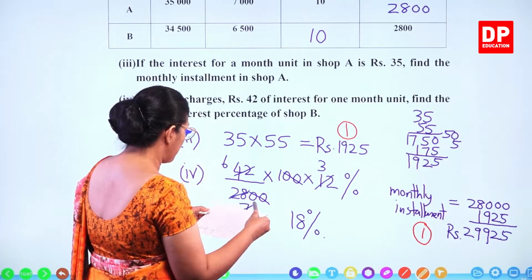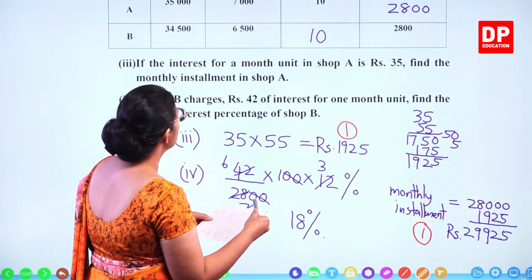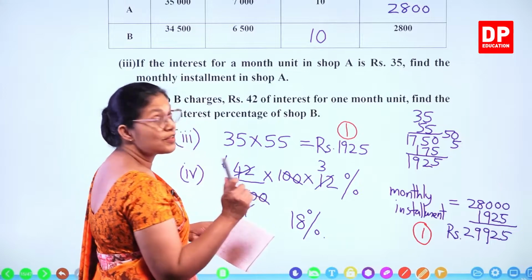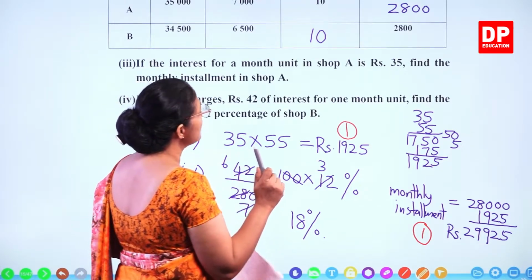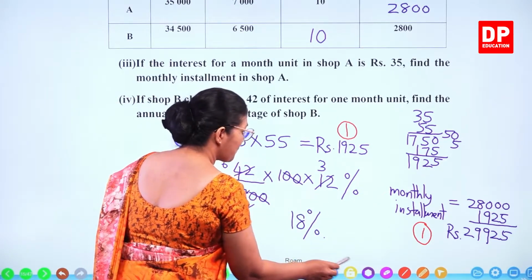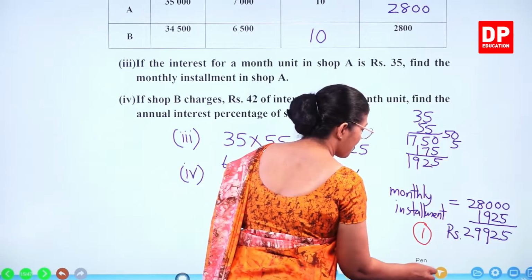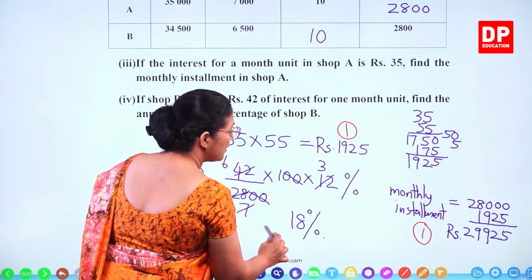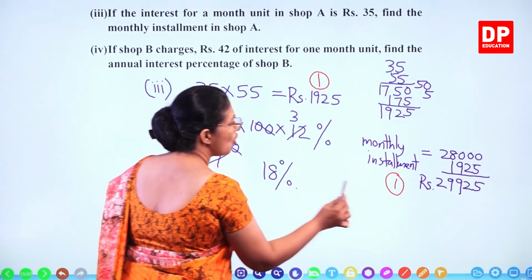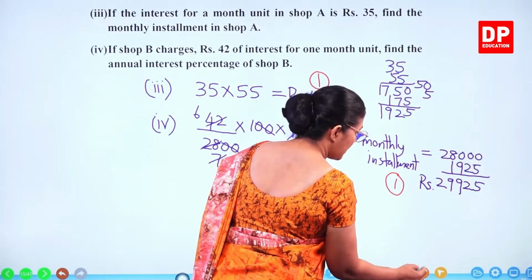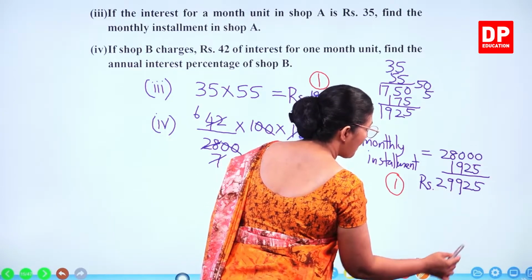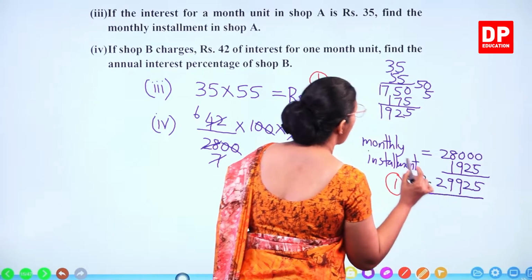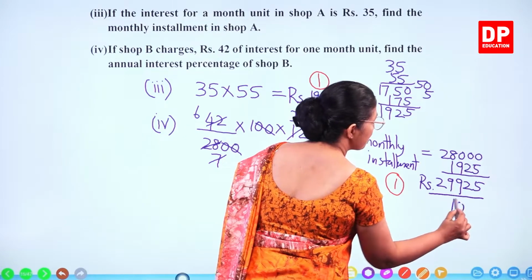And monthly installment, you have to divide by the months units as well. Total, we found this is monthly installment, you have to divide by number of months, that's 10.